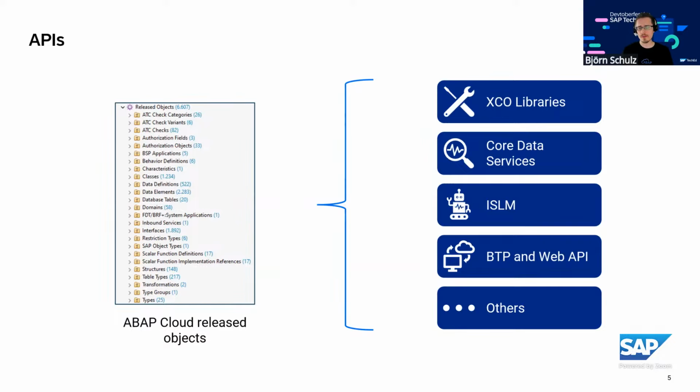You also have everything around web, HTTP and REST services available. So you can use any BTP service, and you can also use any web API that's available for you. Those are the main APIs we can use to extend our life a little bit better. And you can imagine many more.